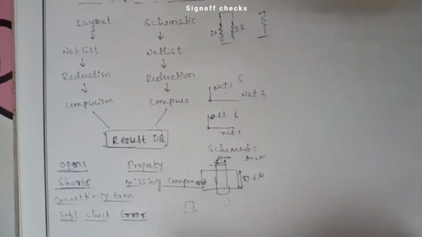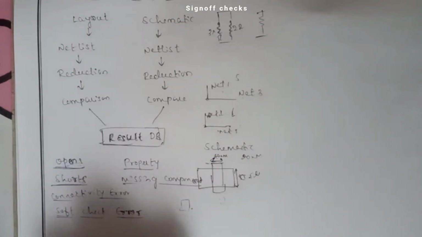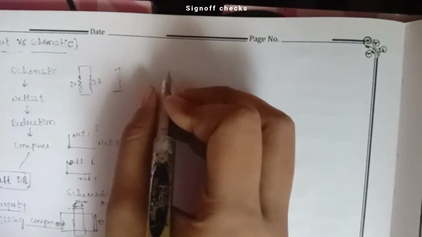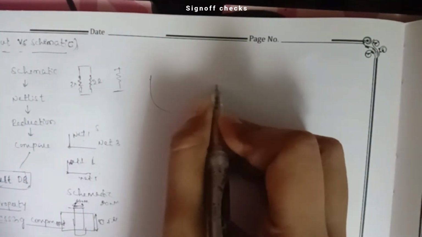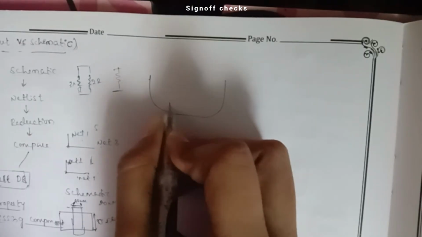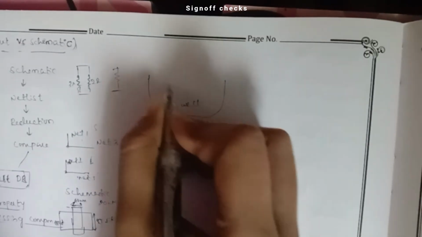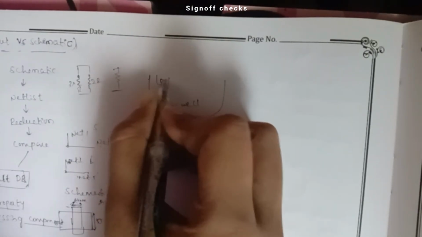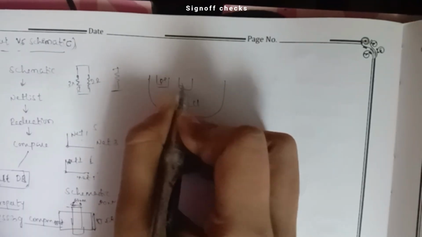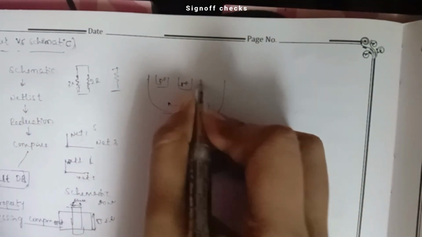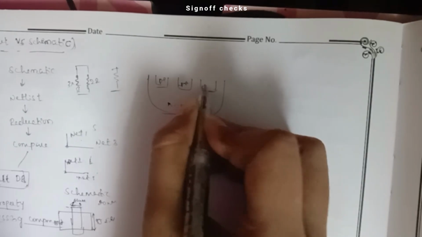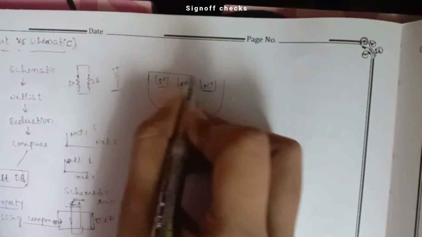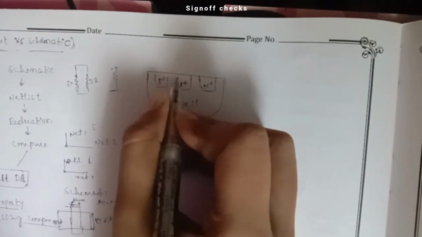Exactly how does the short check error occur? I am having NVL, but PMOS is always connected to VDD. As you know, because it is a pull-up transistor, it will always connect to VDD.